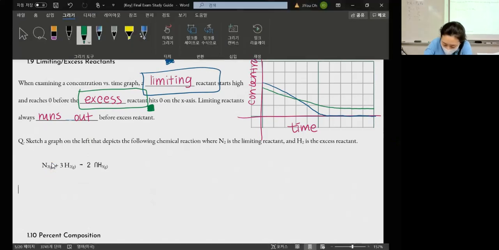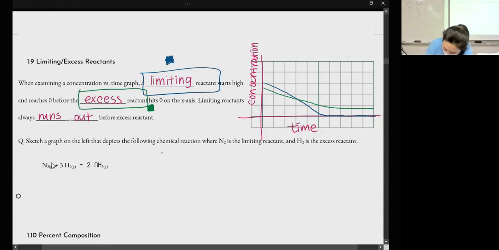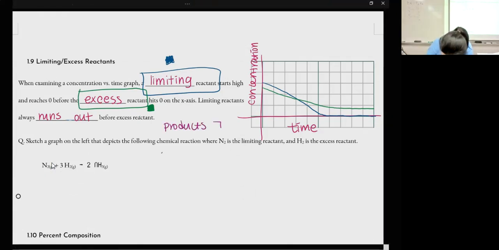And then the products will be in purple. So it will always start from 0 and go up.